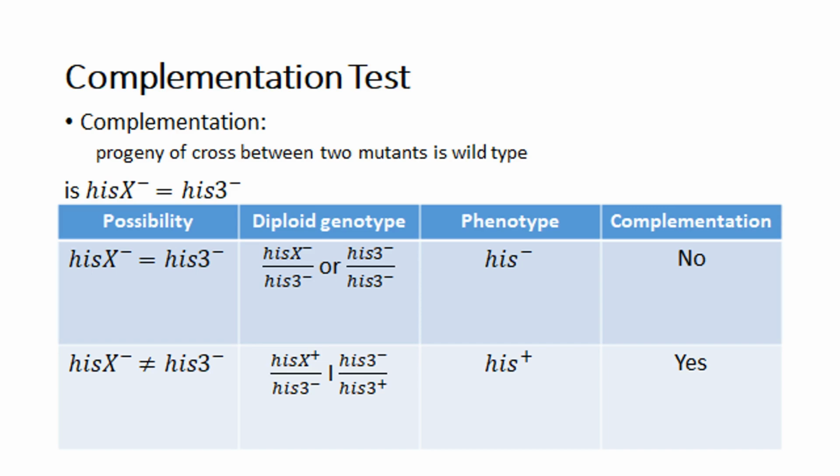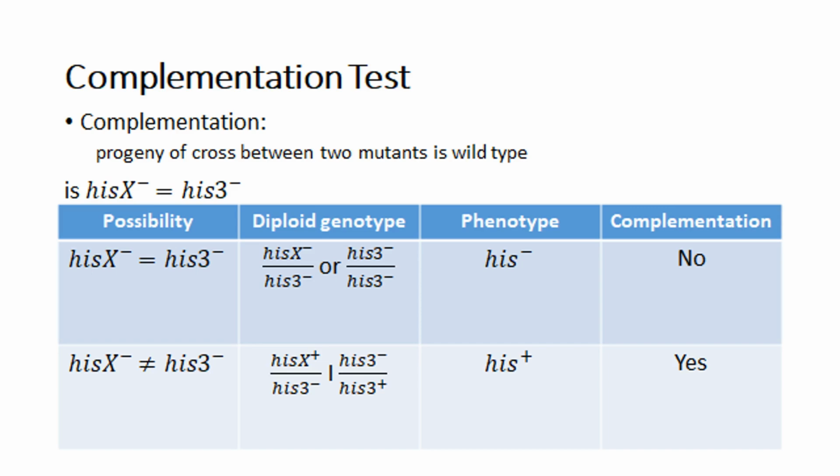We make the haploid genotype histidine X. If we say histidine X, that means we don't know which gene is knocked out in this organism.